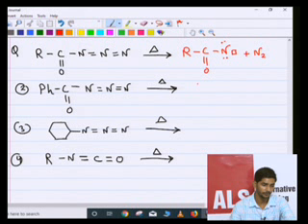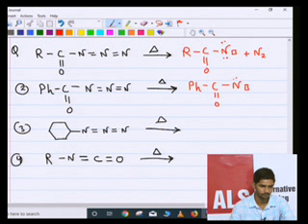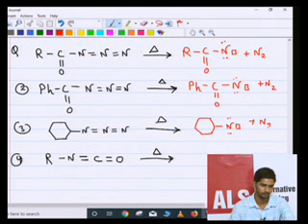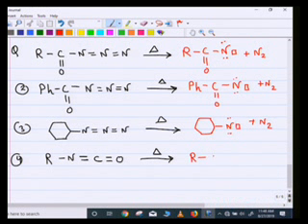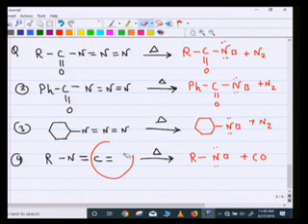You have to check and tell me how many right answers you have got. And for the last one, again you will get the same answer, because this is the carbon monoxide, a gas. Okay, this is the carbon monoxide.